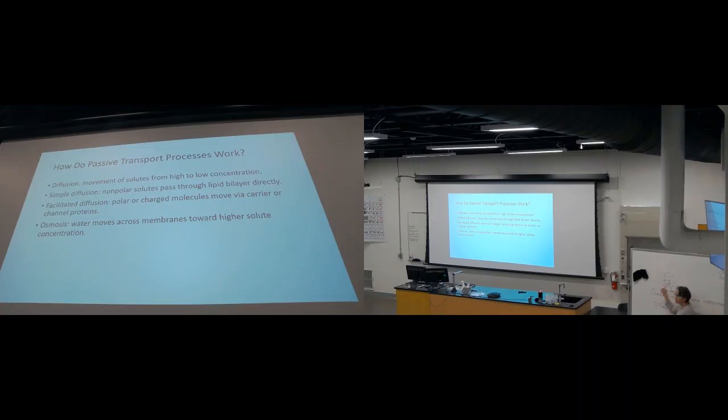So in this case, which compartment is going to lose water? Which one is going to shrink? A or B? A. And what is going to happen with compartment B?